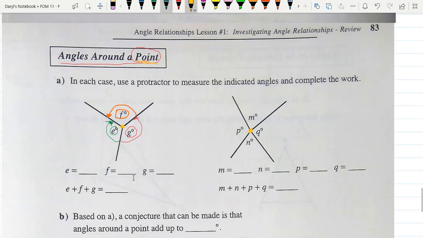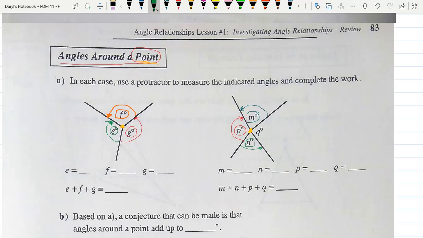So in this case also, try to measure this angle here. That would be your angle M. This would be your angle P, which is only from there to there. And then angle N is this angle here.